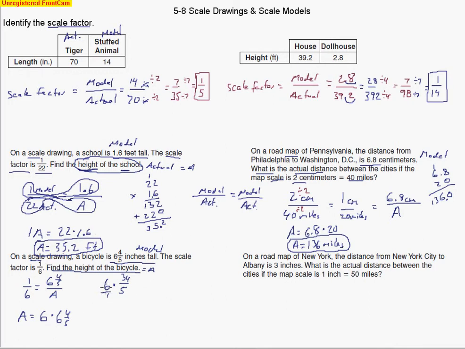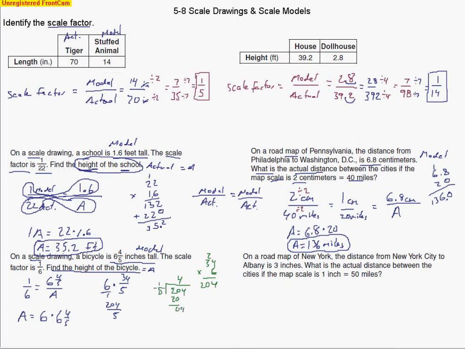So when I do that, off to the side I'll do 34 times 6. And when I do that work, I get 24. Carry a 2, so 204 is what I got. So I can rewrite this as 204 over 5. Well, let's just do that division then off to the side. And so we'll do 5 now into 204. Well, 5 goes into 20 4 times, which makes exactly 20.